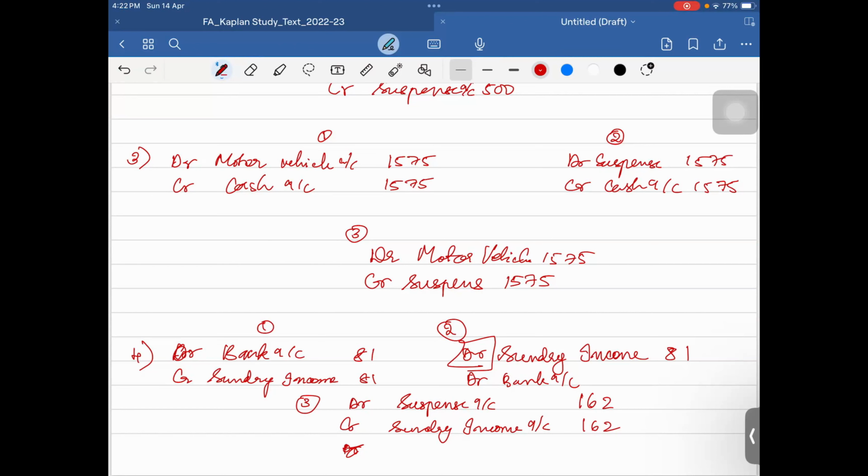I'll just give you a small demonstration of what happens. This particular amount was taken as cash account 81 in sundry income, right? So when you write it as suspense, it doesn't create any balance, because 81 and 81 get tallied. But you need to record an extra 81 as an income, right?